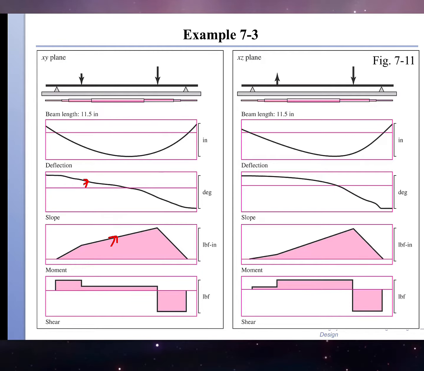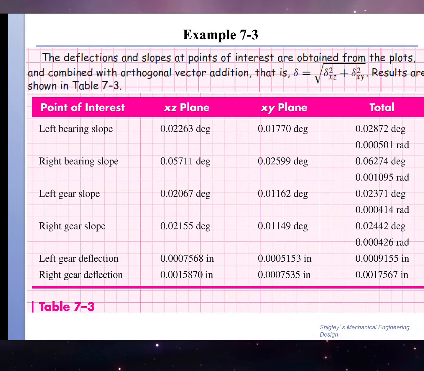Once we've done that, then we look at the maximum values, or at different points. Before we calculate the actual deflection and the slopes, we have to remember that we are doing things on two different planes. So we have to combine both deflections and the slopes using vector algebra, which means that, for example, the deflection will be the square root of the deflection in the XZ plane squared plus the XY plane squared.